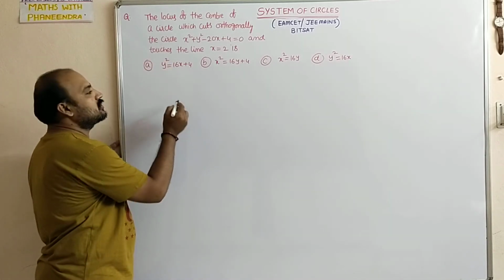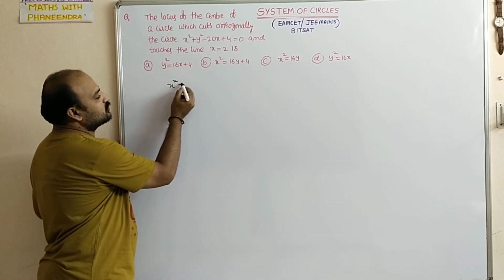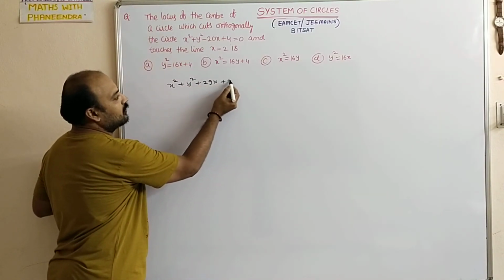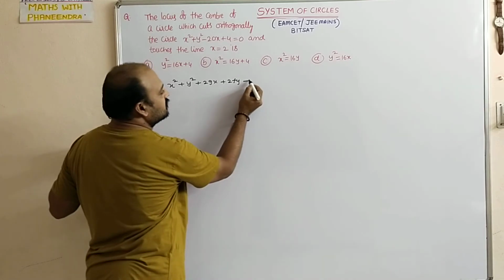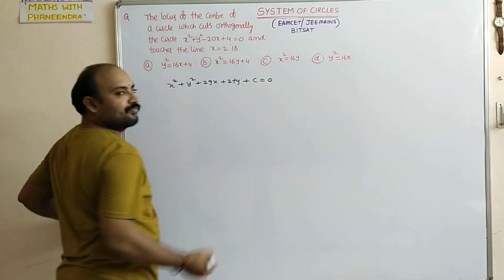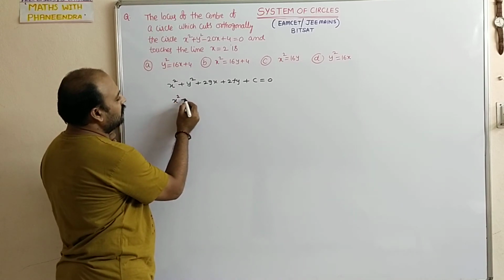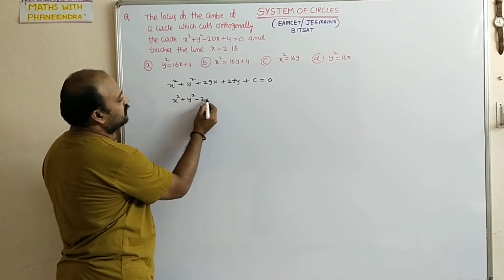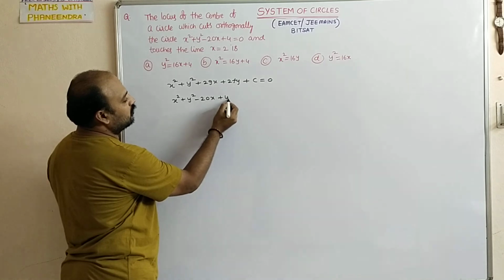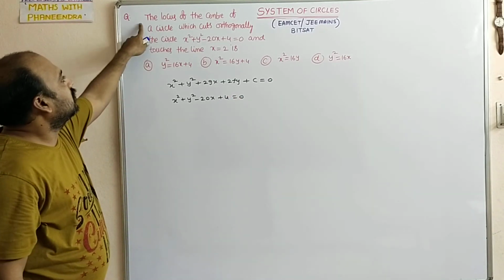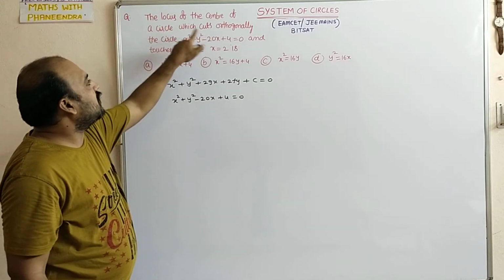So the required equation of the circle be x² + y² + 2gx + 2fy + c = 0, the general equation of a circle. And the given circle is x² + y² − 20x + 4 = 0.